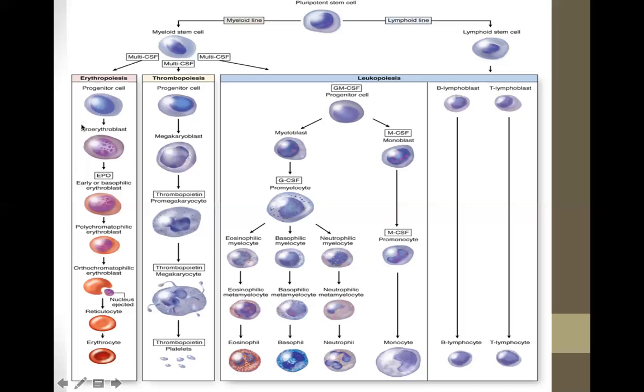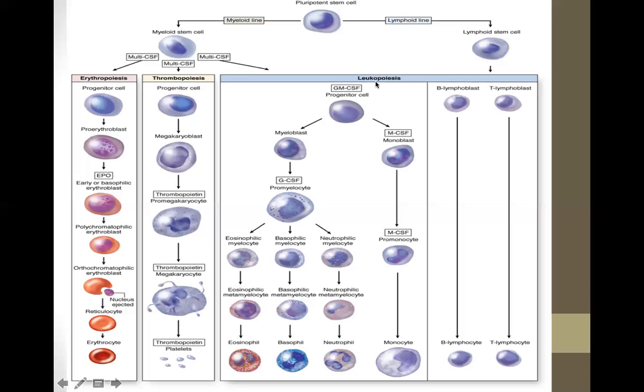So, dadaanan natin tong lahat in a while. Okay? Look at the thrombopoiesis. Thrombopoiesis is the term used for platelet formation. That is why from this myeloid stem cell to progenitor megakaryoblast, they will become platelets. Okay? For this leukopoiesis, when I say leuko in general, it's white blood cells. So, dalawa yan.